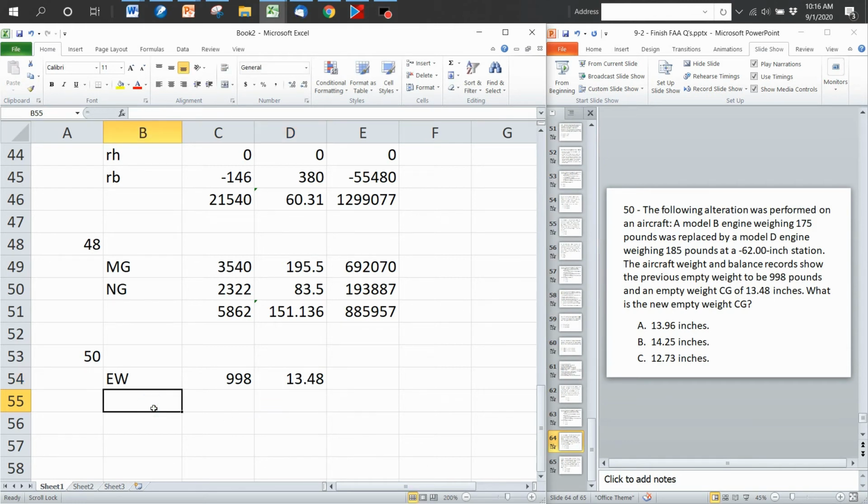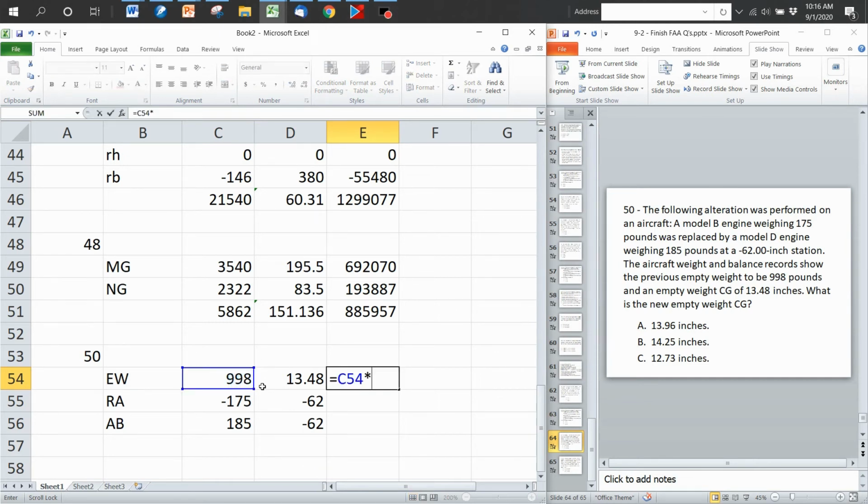All right, now we're going to remove the A engine, and we are going to add the B engine. And removing the A engine is a negative 175, and adding the B is a positive 185, and both of those happen at minus 62. All right, and that lets us go. What is our moment over here?